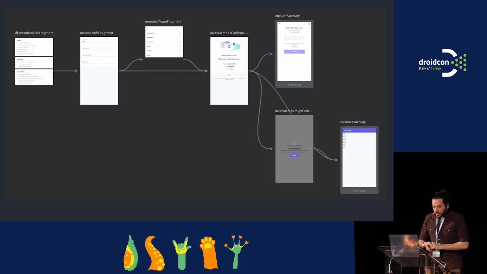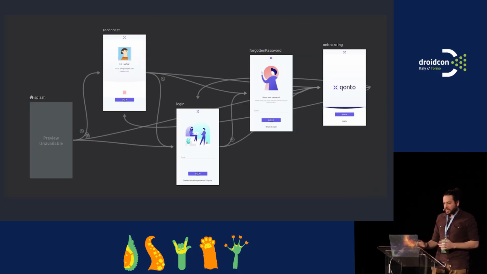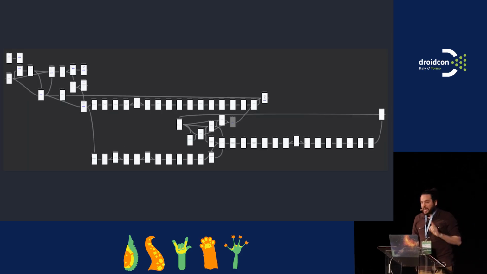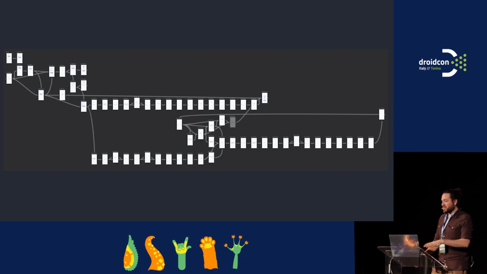Okay, now, if our graph is getting a little bit more complicated like this, or even like this, or even like this, and this is the flow I was telling about at the beginning. You have 66 screens right here, and what you see here notably is a circular flow.